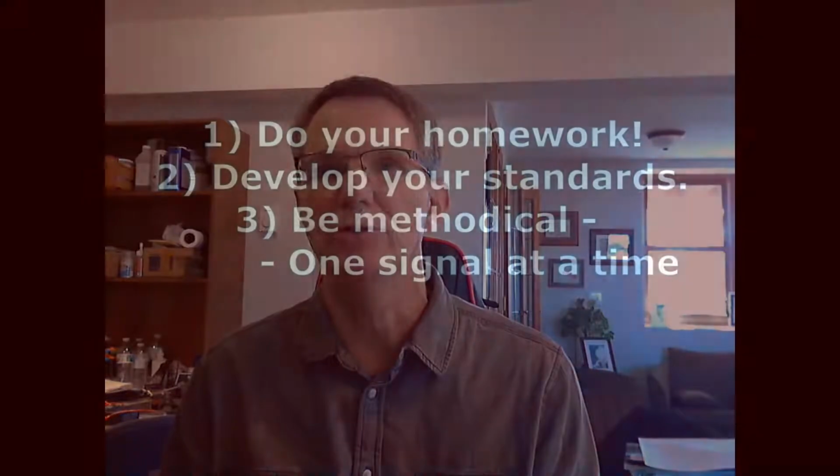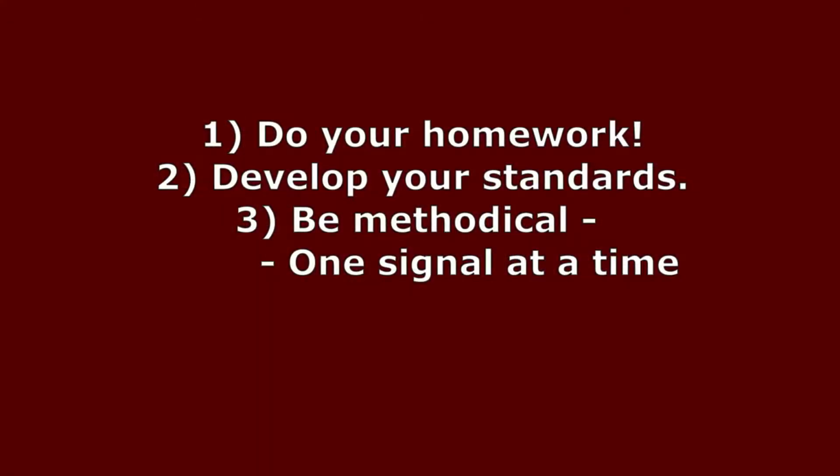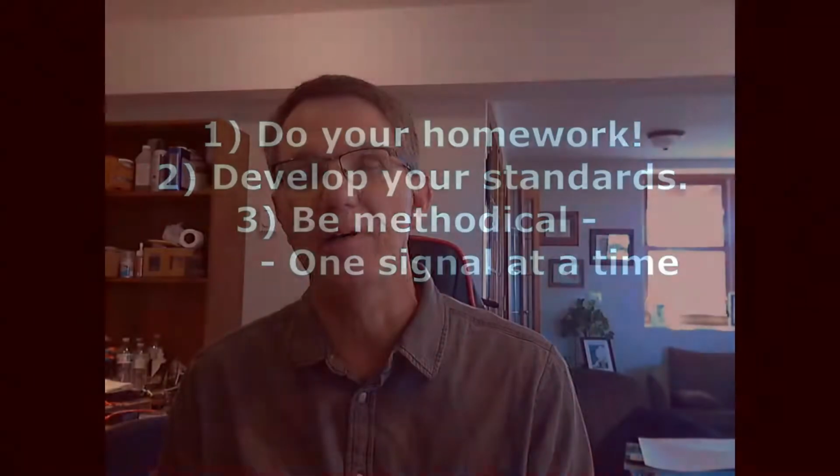Okay? Number 3 is do one signal at a time. It's easy to just get ahead of oneself. These things are fairly complicated, but at the same time, it is doable. What I'm trying to say is the configuration really works around each signal, and if we just set up each signal to act independently, it is a very nice and very methodical way that we can get things done in a proactive way.